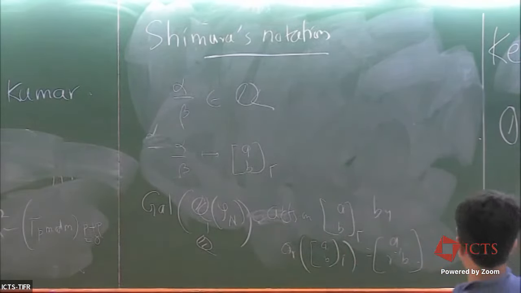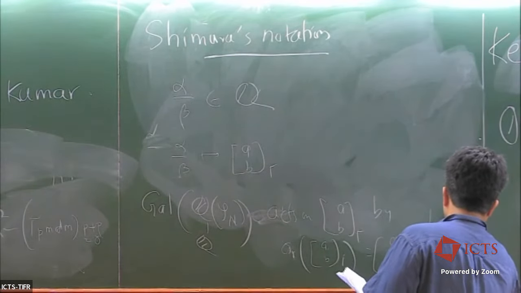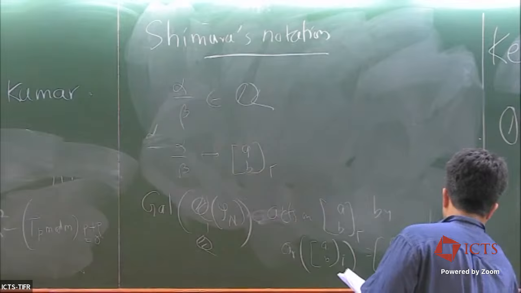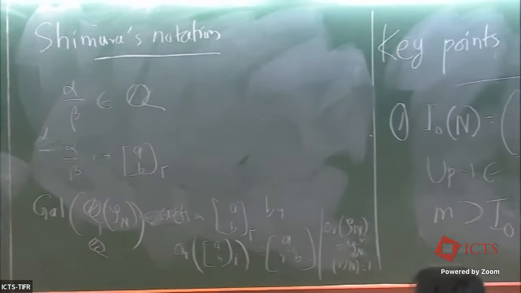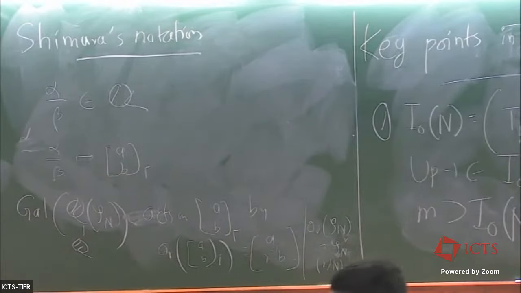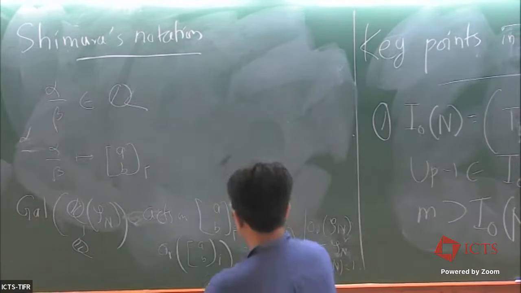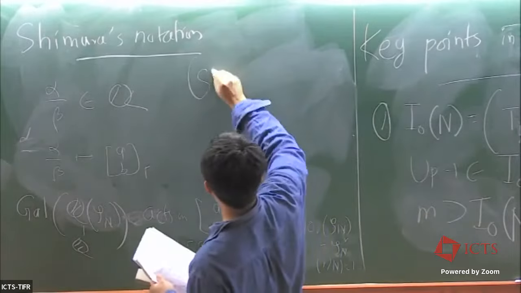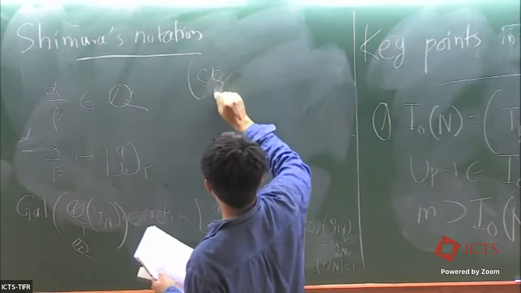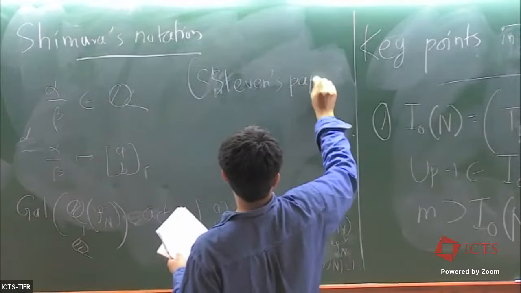And this sigma r sends zeta n to zeta n to the power r, where the GCD of r and n equals 1. In particular, if you take n to be non-square free, then there is p square dividing n. We followed this Glenn Stevens paper, a Transactions paper, but it is well known in the literature.